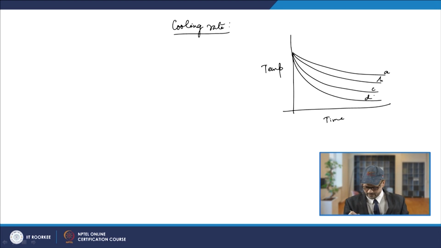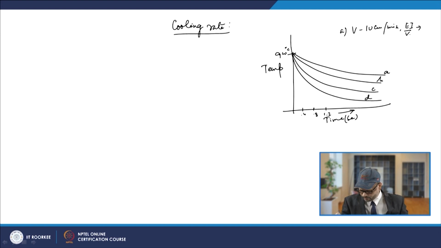Here the temperature is somewhere close to 900 degrees centigrade, and this is the time in seconds: 0.4, 0.8, then 1.2, like that.